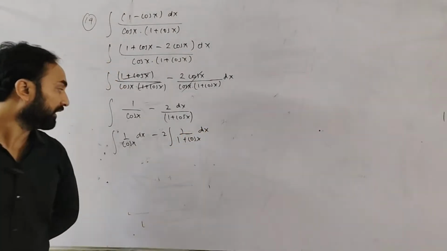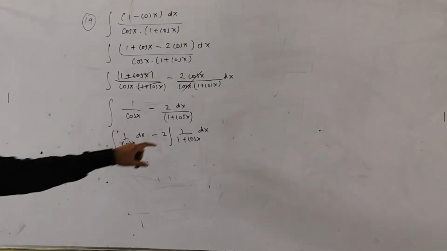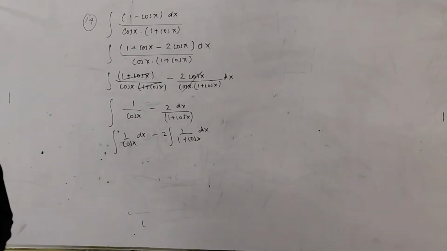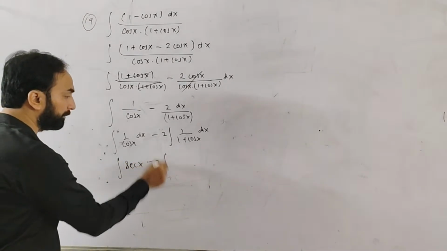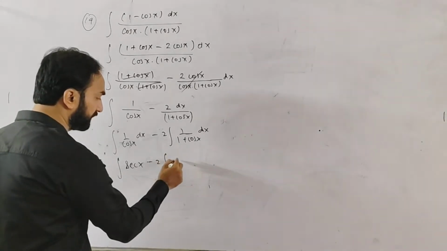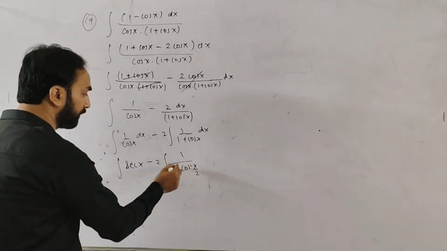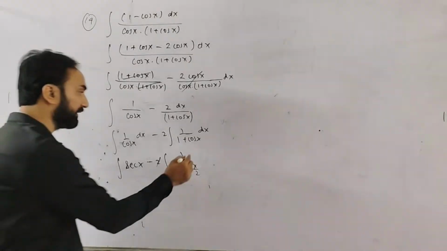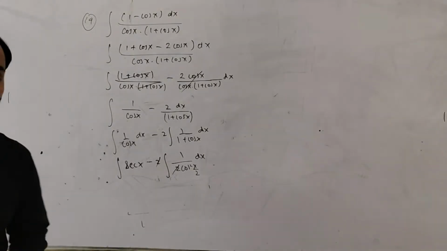Now 1 plus cos x we can break into 2 cos square x by 2. Fortunately this will cancel. And 1 upon cos square x by 2 can be written as secant square x by 2.